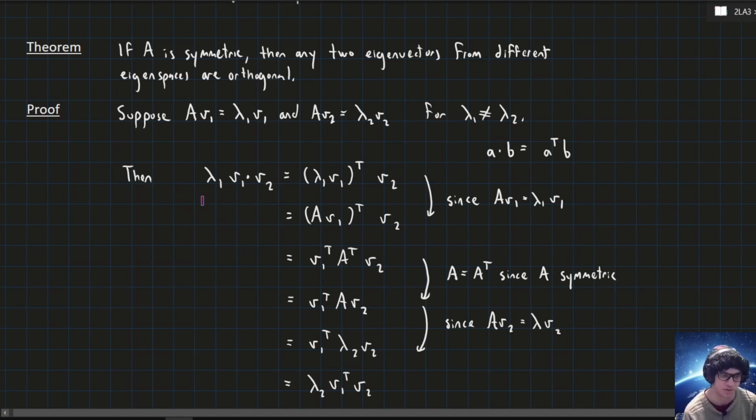Let's start with the expression lambda 1 times the dot product of V1 and V2. Now I can rewrite it like this. So what have I done here? Well, remember this rule: if we have A dot B, a dot product, that's equal to A transpose times B, a matrix product.